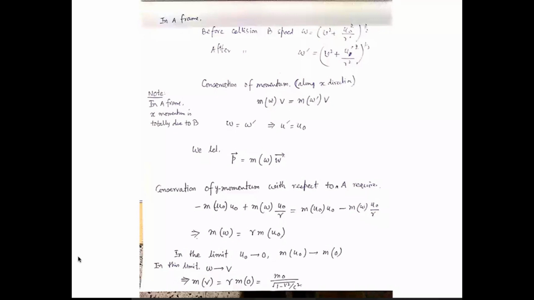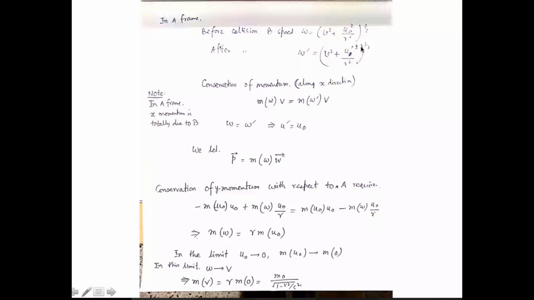So B is moving with a velocity v with respect to A. The observer in A's frame sees that the frame of B is actually moving with a velocity. So there is an x component in the velocity of B. So it is the square root of v square plus u naught square by gamma square. And after the collision, it changes. This v does not change, but this fellow changes. It is no longer u naught, it is u prime.